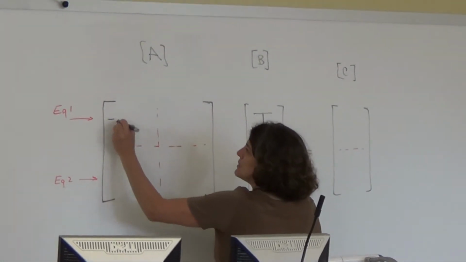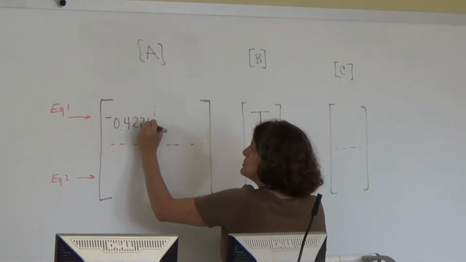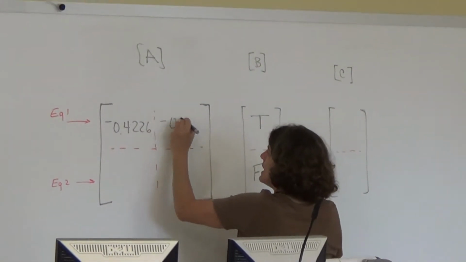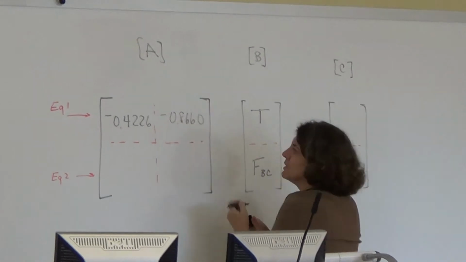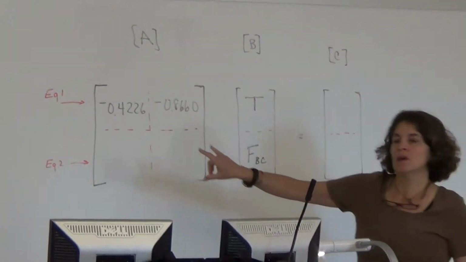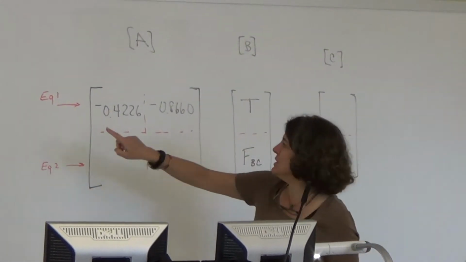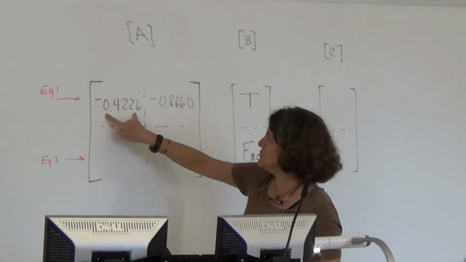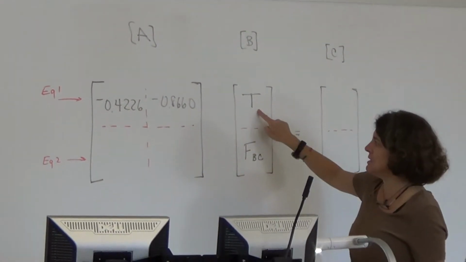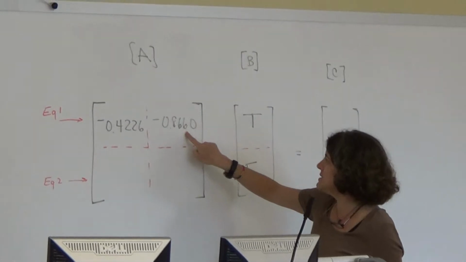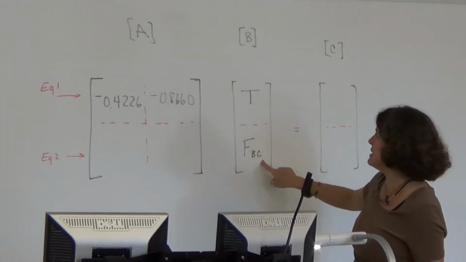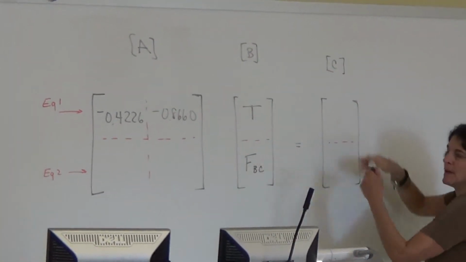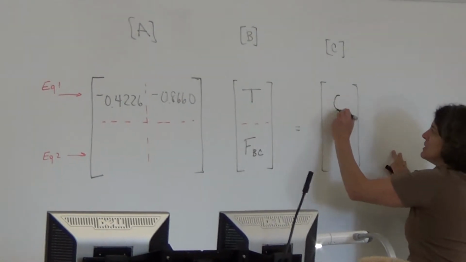Negative 0.4226 and negative 0.8660. So how I write this equation in here is negative 0.4226 times T minus 0.8660 times FBC is equal to what in that equation? It's equal to 0, right?